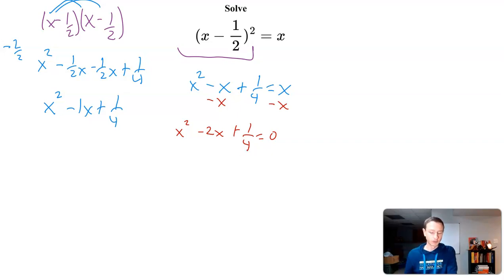I can use the quadratic formula right away, but I think it might get a little difficult with the fraction. I'm not saying it's impossible, but I'd rather get rid of this if I'm going to go the quadratic formula route or complete the square. I am going to go the route of wiping out this fraction first, so I'm going to multiply by 4.